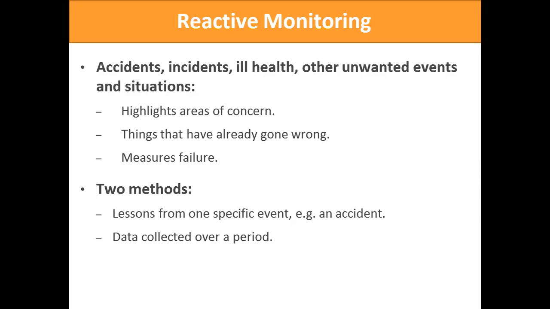Then data collected over a period: we will collect the data for the whole period. We will collect the accident, ill health, or unwanted situation data for the whole period, and we will check the areas of concern or root causes of those accidents from that data.